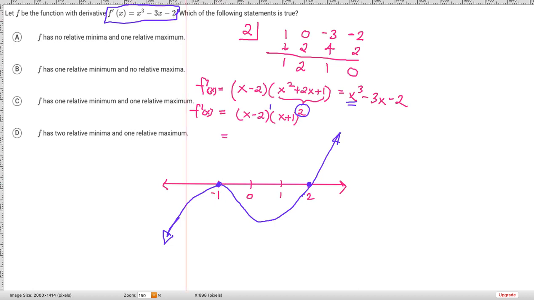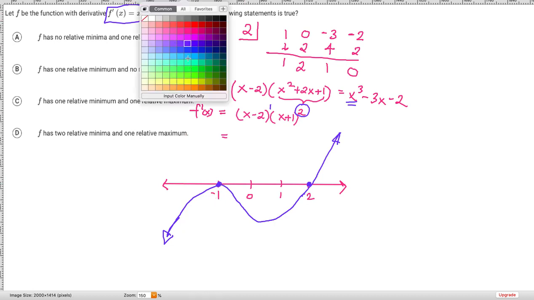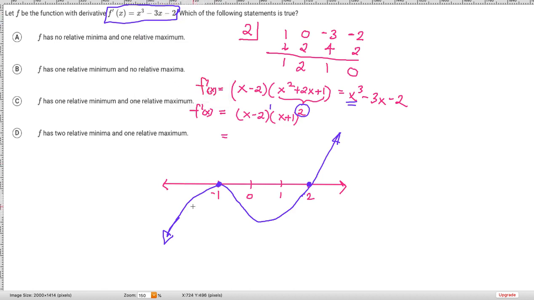Now we can get what f looks like. We need to know that our original f, so this is the x-axis, is going to be decreasing where this is negative. So f is decreasing, decreasing, decreasing, and then it stops decreasing here, but then it continues to decrease.